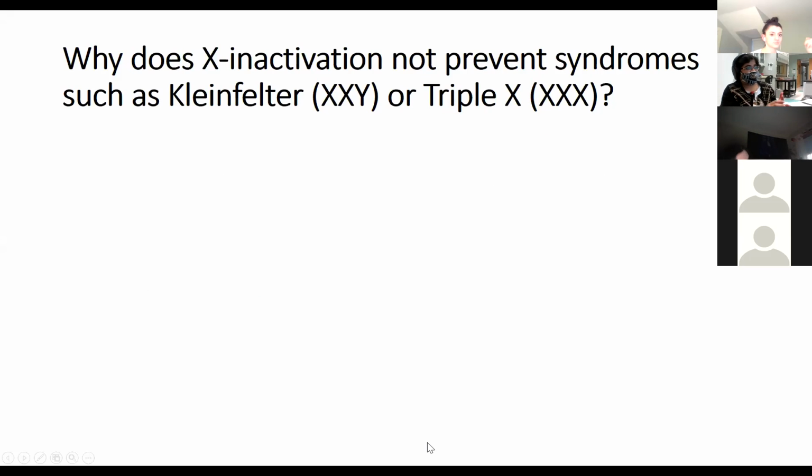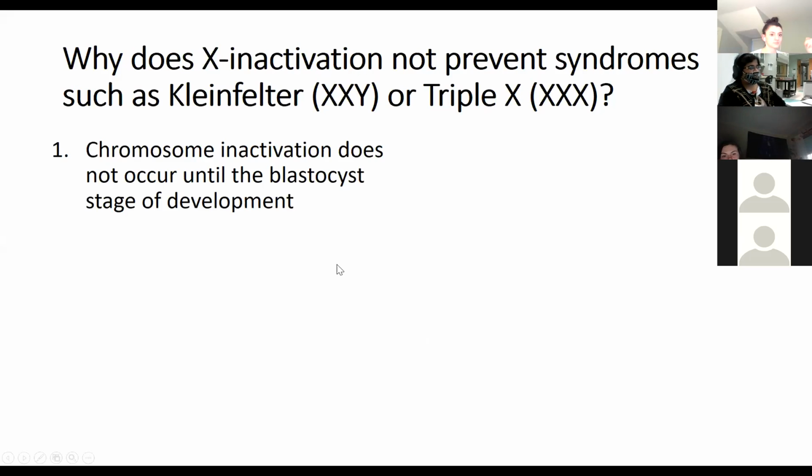So why does inactivation not prevent these syndromes, such as Klinefelter or triple X? I think that comes back to Mario's question, right? I don't even remember what my question was anymore. Okay, so I think it was whether it would cancel out with the X chromosomes, which it does not, because it would still be male in this case, since you still have the Y chromosome.